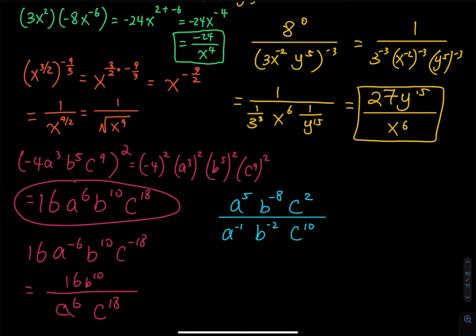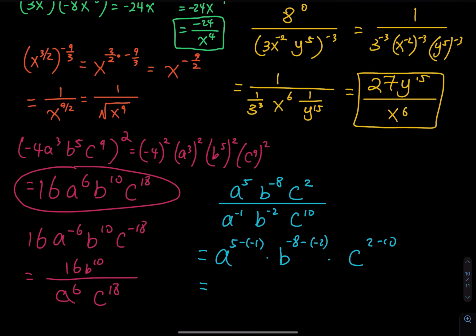Then here, we have a to the 5 minus negative 1, negative 8 minus negative 2, 2 minus 10. So 5 plus 1 is 6, so a to the 6. And then negative 8 plus 2, that is negative 6. And then 2 minus 10 is negative 8.